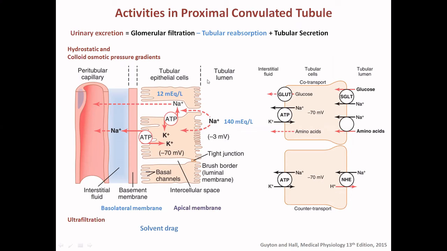So except proteins, everything present in the plasma, plasma minus plasma proteins, equals the glomerular filtrate. Okay, so sodium is present. This is the sodium concentration in the proximal tubule, 140 milliequivalent per liter. So sodium is high here.